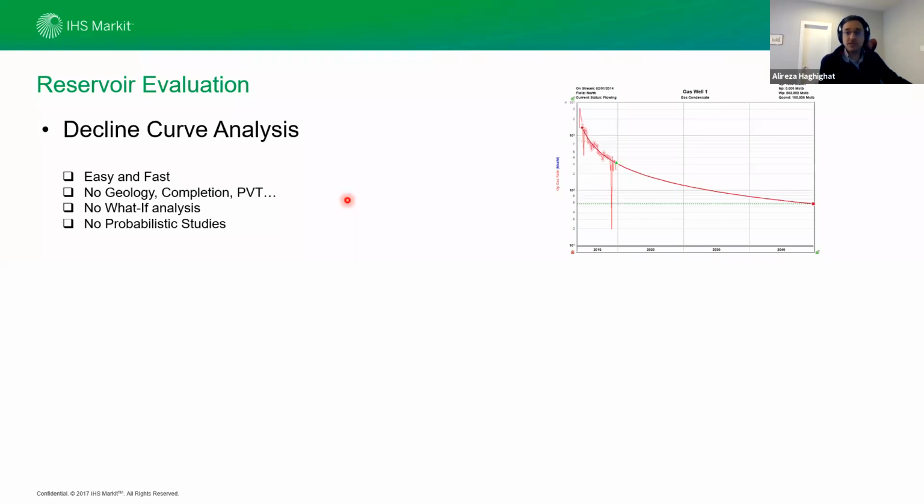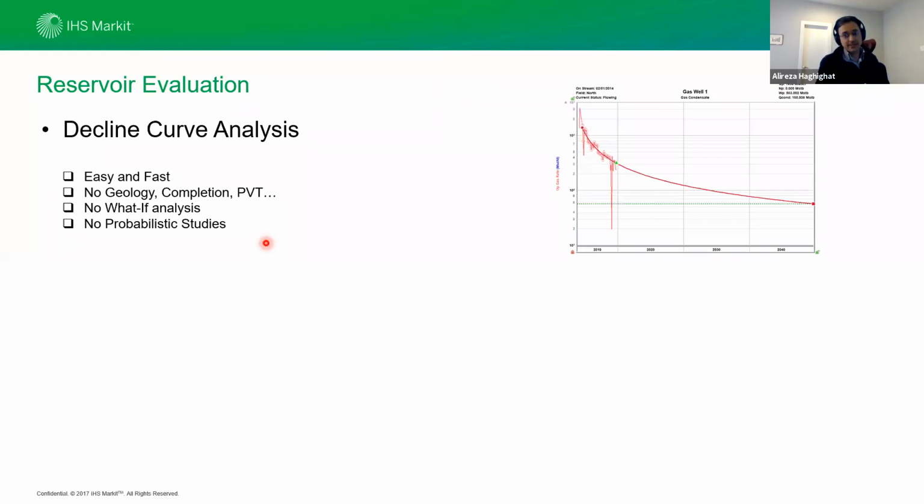So that's why it's very convenient for the oil and gas industry to use it every day. Probably every engineer uses decline curve analysis in their reservoir engineering department. And besides the fact that it's easy and fast, there is no need for additional data. You don't need geology information, completion information, or PVT. That's it, just production data.